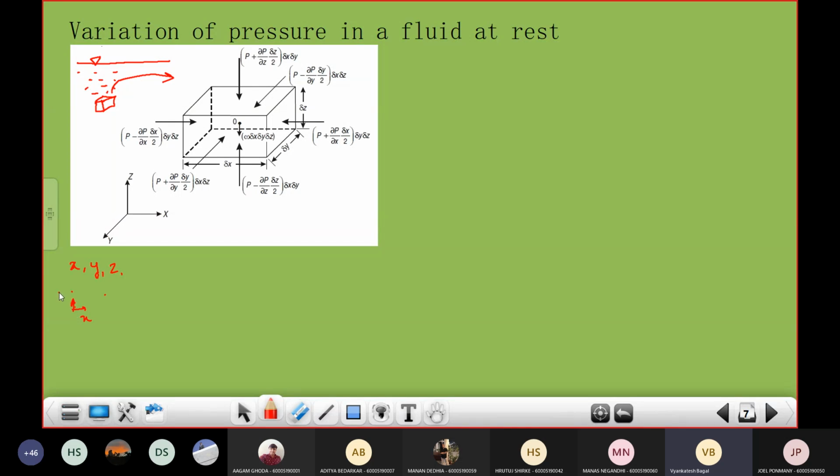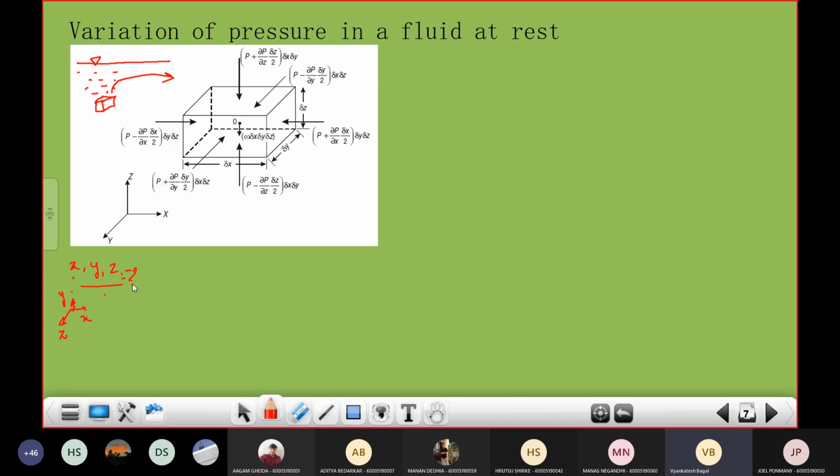Similarly, if I take this as the y direction, I shift the point to here, and again try to find out whether the pressure is varying along the y direction. If I take the third dimension z and shift the point in the z direction, again I try to find out whether the pressure is varying along the z direction or not. So at a point it is the same in all directions, but if I change the point, what will be the effect? This is what I am trying to find out.